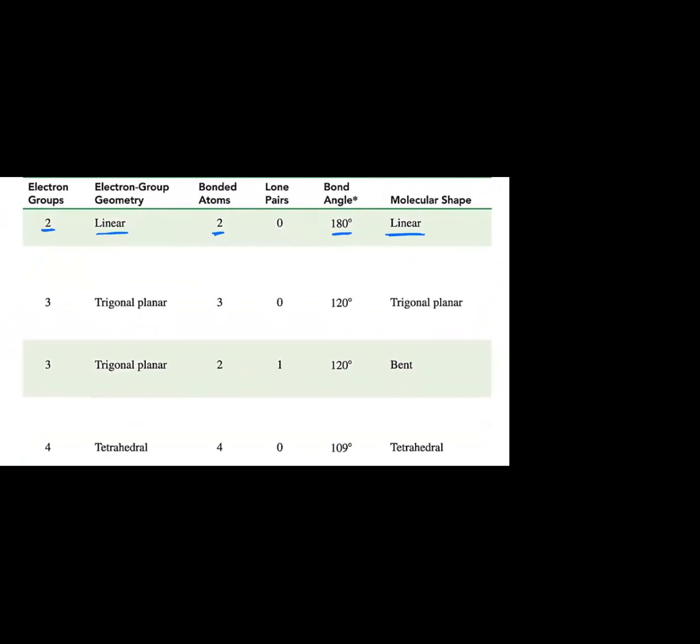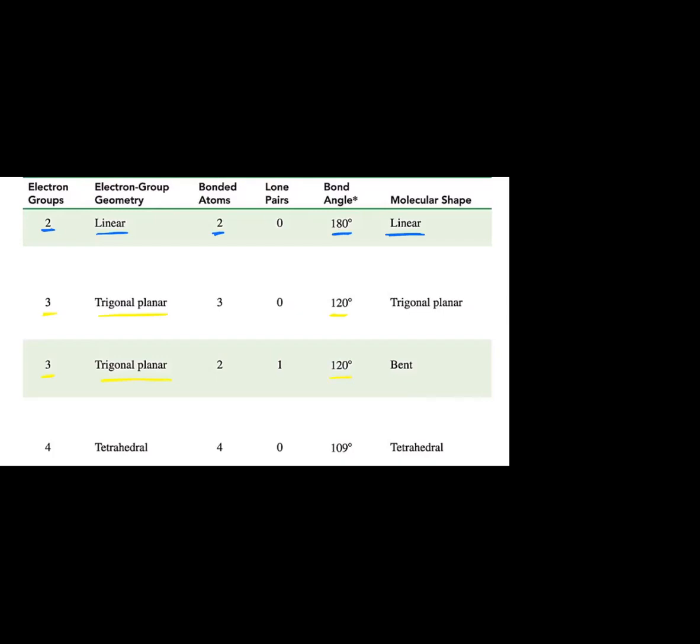Let's move on to when you have 3 electron groups. If you have 3 electron groups, your electron group geometry is always going to be trigonal planar. Always, always, always. Also the angle will be 120. That angle of 120 means what? That's the separation, the angle that exists between the bonds. Now you can see that the molecular shape is affected by the lone pairs.